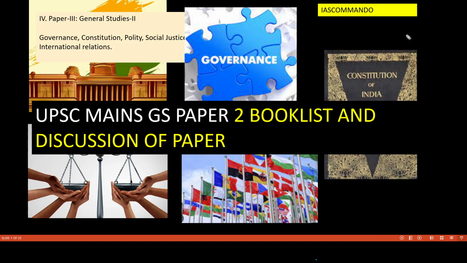The problem is that a good book in which everything is given in a summarized format is not available. So tackling this paper becomes difficult because the resources are scattered everywhere.